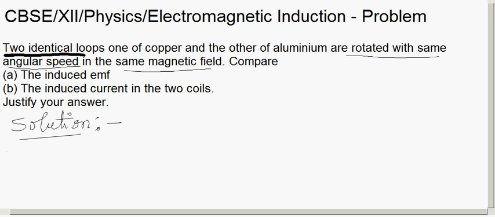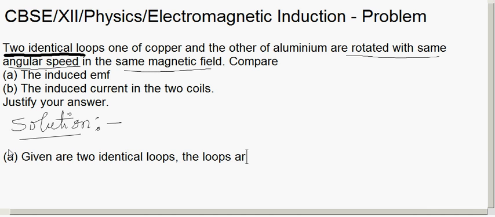We can write the answer as: the induced EMF in both the coils are same. Given are two identical loops. The loops are rotated with same angular speed and in the same magnetic field.